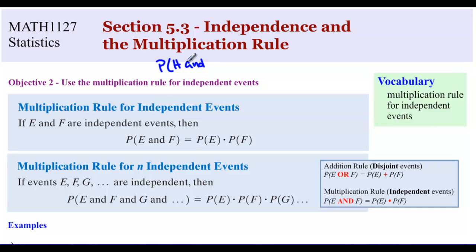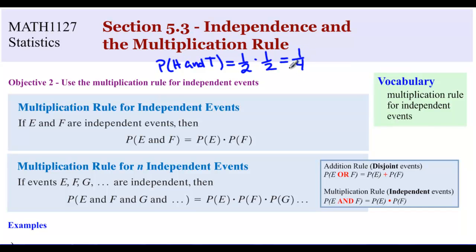So what I mean by that, say you want to look at the probability that we flip a head on the first flip and flip a tail on the second flip. So this is two different flips. The probability of flipping a head is going to be 1/2. The probability of flipping a tail is going to be 1/2. So the probability of flipping a head and then a tail is going to be 1/4.